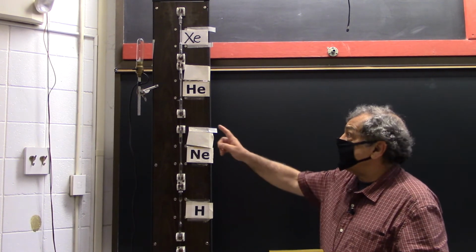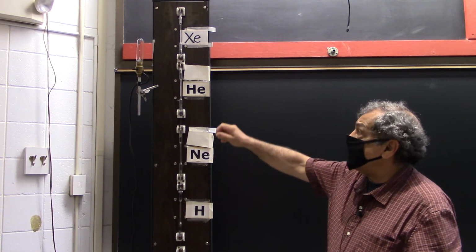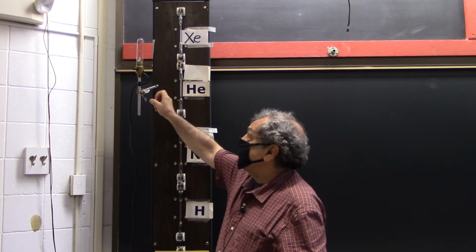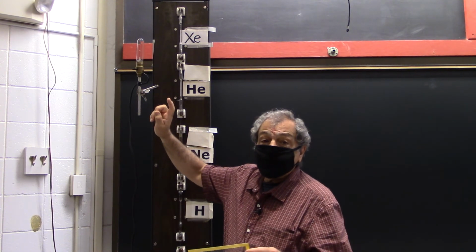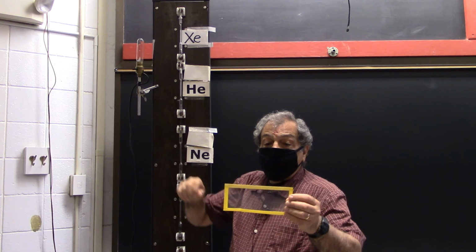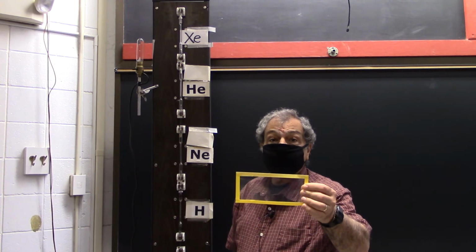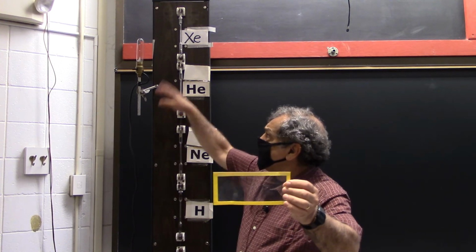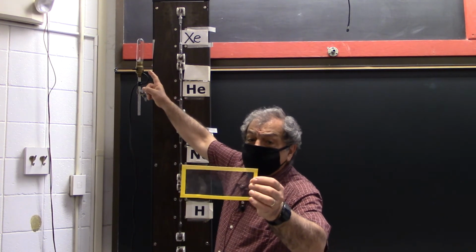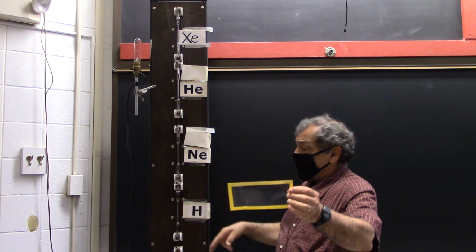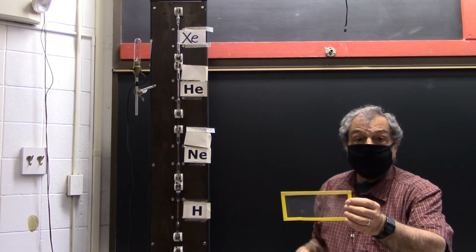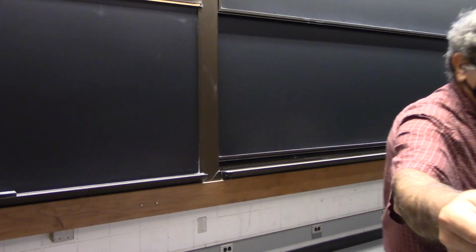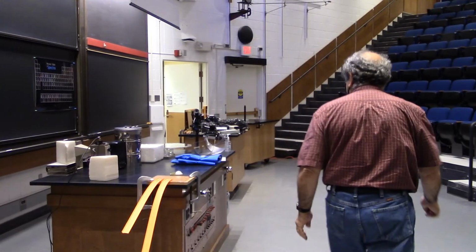Okay, so first let's take a look at what you will see when you have just an ordinary light bulb. Okay, I'm going to turn the lights off so you can see. We are going to hold this in front of the camera, and then you will see what a continuous spectrum is and what the spectral lines of various elements are. Okay, so let me turn the lights off.